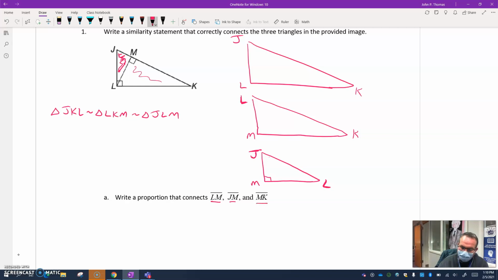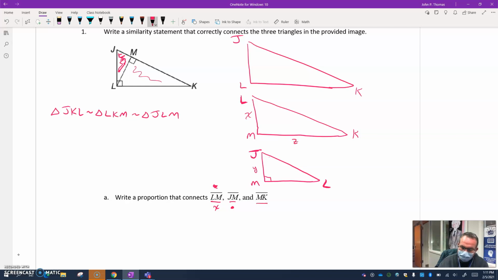So I've got LM, which is this one, so I'll call that an X. Actually, I'll put that below. JM, which is this one, so I'll call it a Y. And then MK, which is this one, so I'll call that a Z. Put that in the wrong spot.